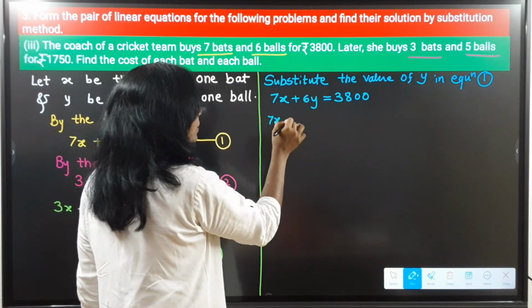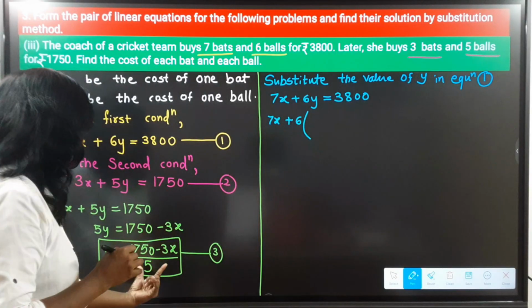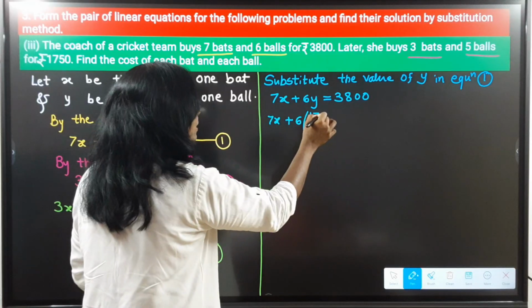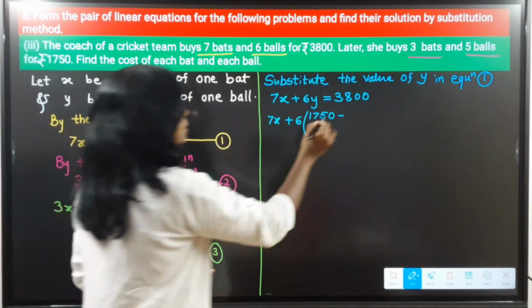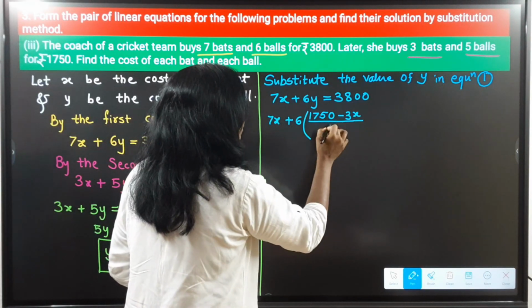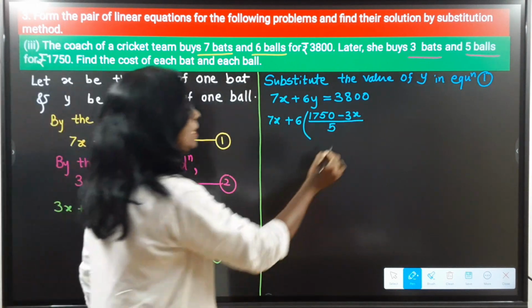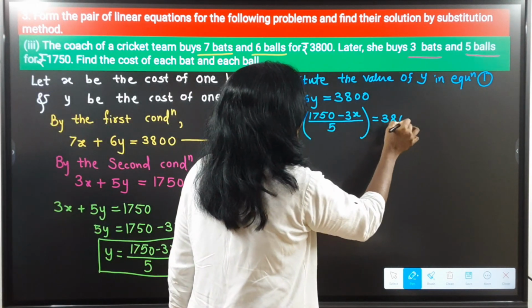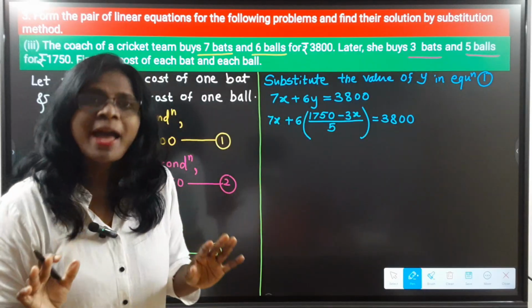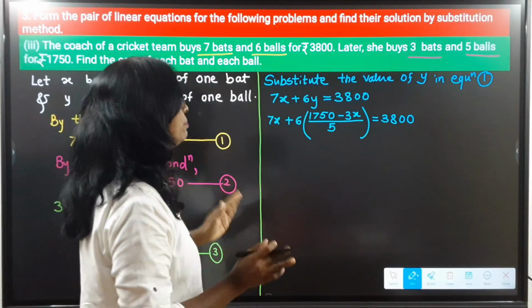So 7x plus 6 in the bracket, the value of y, that is (1,750 minus 3x) upon 5, is equal to 3,800. Now, students, first I simplify this equation.